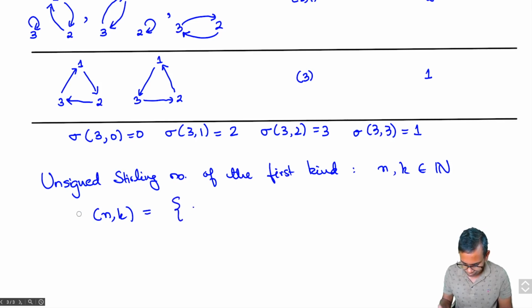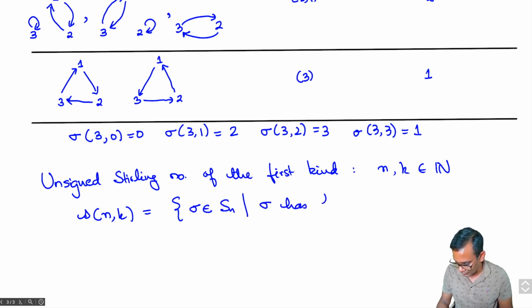Maybe I should just not call it sigma. Let's call it little s nk, defined to be the number of permutations sigma in Sn such that sigma has k cycles. So let's just use the notation.